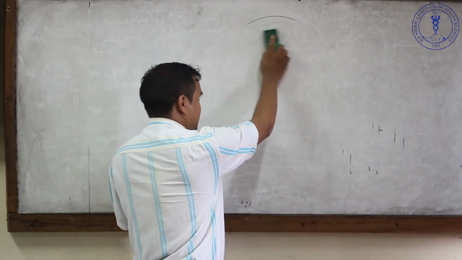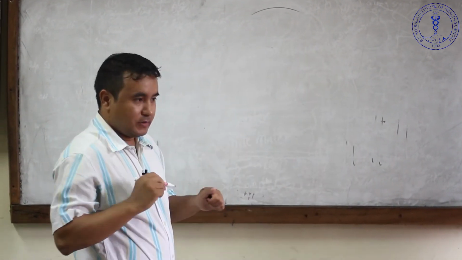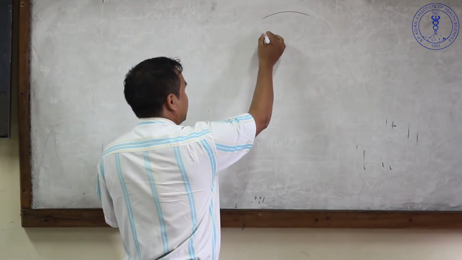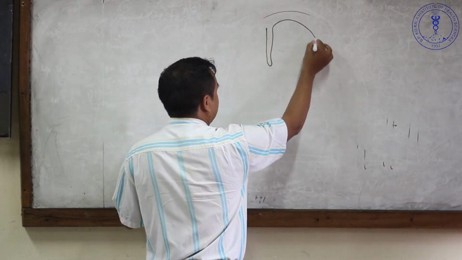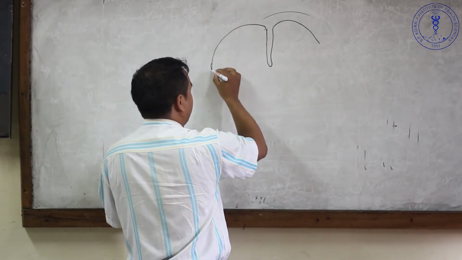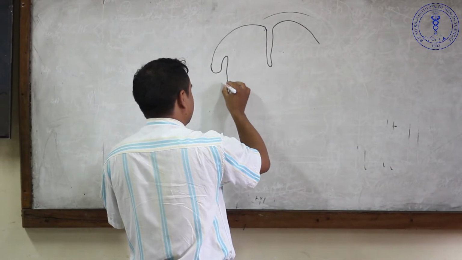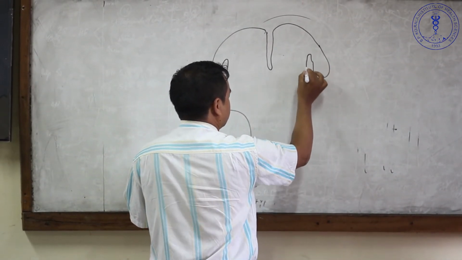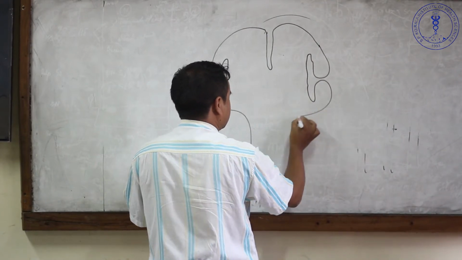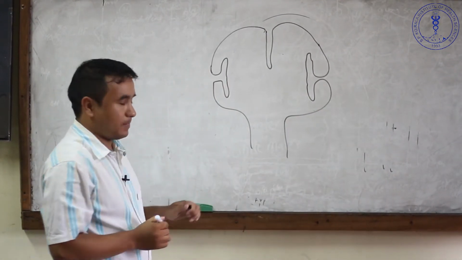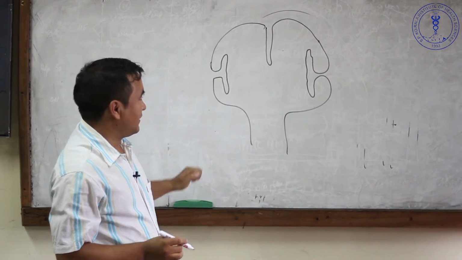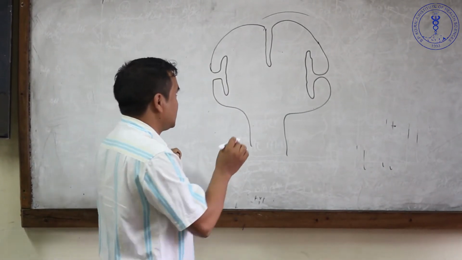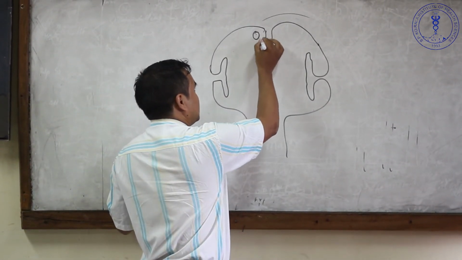Then after this, let us make a coronal diagram of the cerebral cortex. This is just a rough diagram. In this coronal diagram, what is the corticospinal tract?